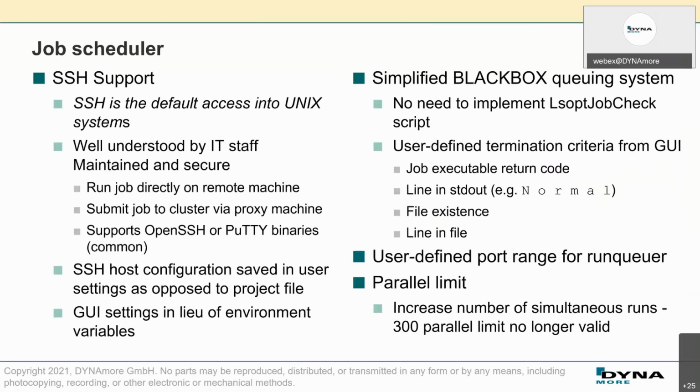If you use a user-defined interface to queuing systems, then there is a simplified version available. Before, it was necessary to provide a set of scripts that are used by the black box queuing system. So there is a simplified version now, which does not require any implementation of scripts anymore. And also the parallel limit is not valid anymore. So now you can run as many jobs as you want in parallel using LSOpt.